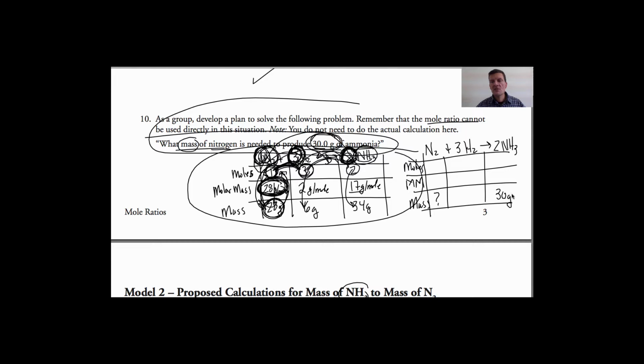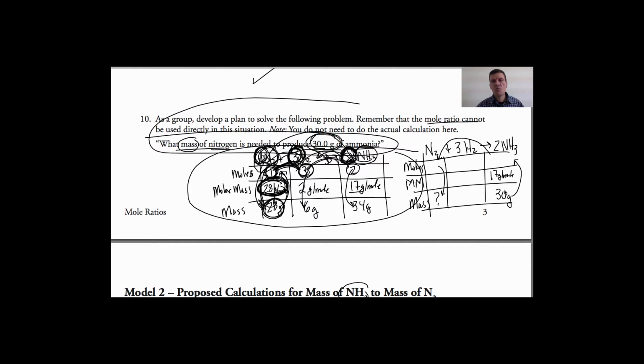So I need to go from mass to moles, then from this number of moles over to this number of moles, and then from moles to mass. It's going to take 3 steps. To go from mass to moles, I need the molar mass of ammonia, which is 17 grams per mole.